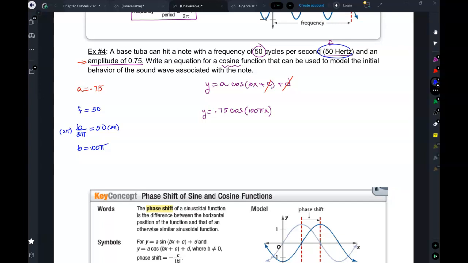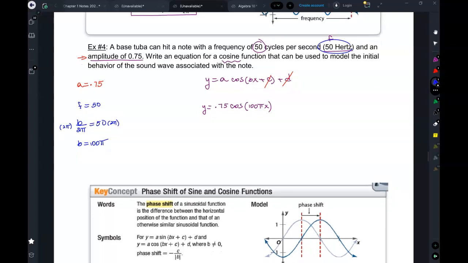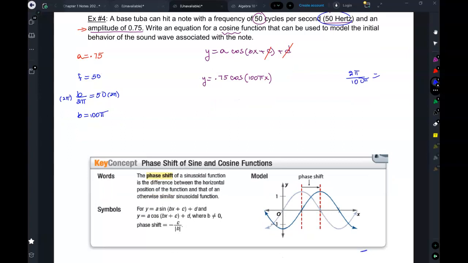One is this over 2 pi, the other is 2 pi over this. If b is 100 pi, then wouldn't it be really slow? That's fine. We don't care how fast or slow it is. We're just writing the function. The period will be 2 pi over 100 pi, so it'll be 1 over 50. Because the frequency is 50, the period is 1 over 50.